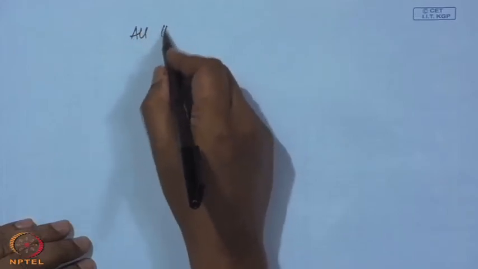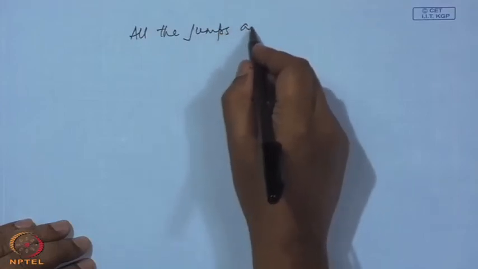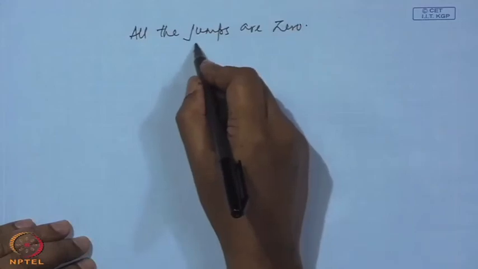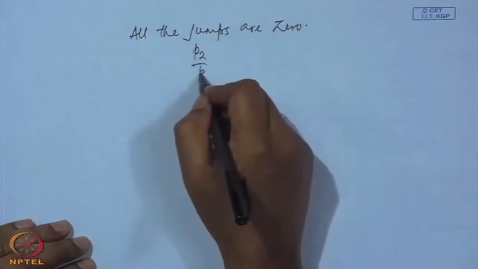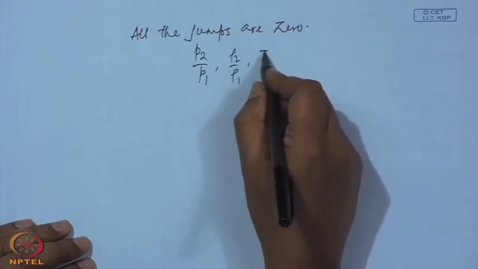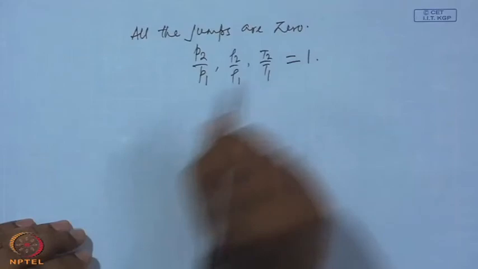All the jumps are 0. That is, P2 by P1, rho 2 by rho 1, T2 by T1, they are all equal to 1.